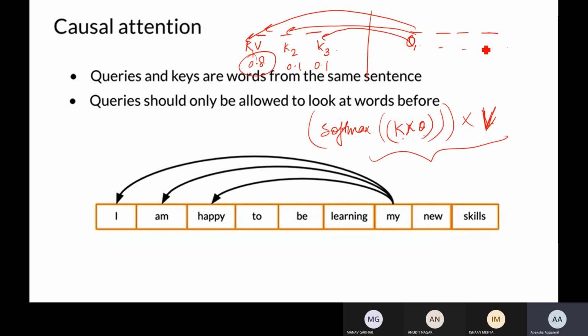So the only difference in self-attention with respect to the attention that I have is this. In the encoder-decoder case, the query was part of the decoder, but in self-attention the query would be part of the input sentence.